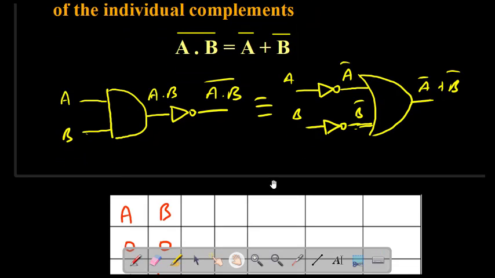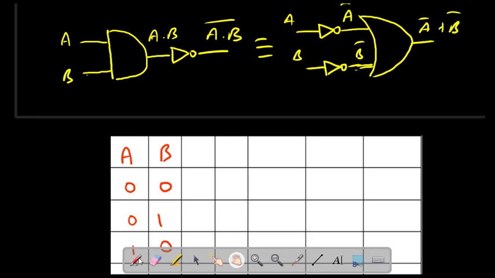Next we verify using the truth table. For verifying using the truth table we need A bar, B bar, then here we need A or B, A and B, then (A and B) the whole bar, and then finally A bar or B bar.